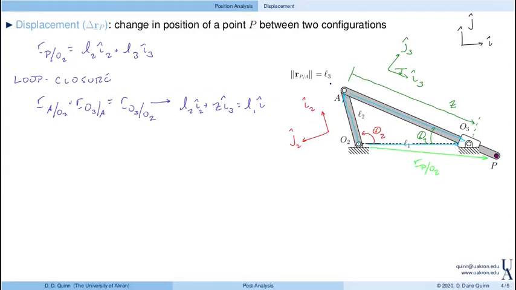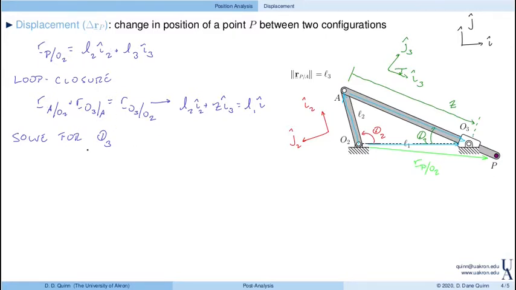So here, again, if I'm interested in solving for the position, we need to solve for theta 3. And given theta 3, I can determine I3. Theta 2 is the input, so then I can find the position.